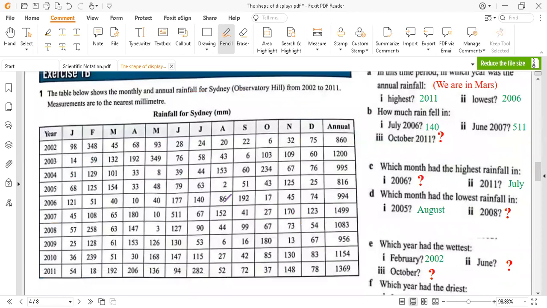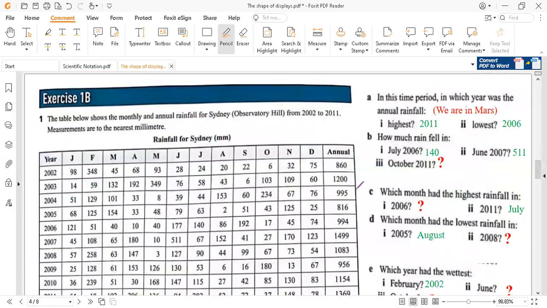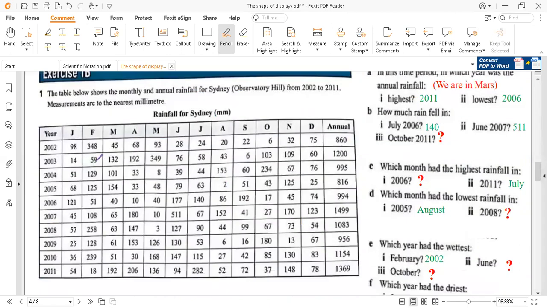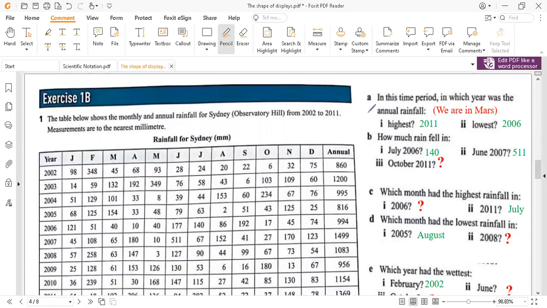For example, here is a table showing the monthly and annual rainfall for Sydney from 2002 to 2011. The measurements are to the nearest millimeter. We have all the months of the year from 2002 to 2011. We should choose the column or the row that represents the appropriate question, the convenient one.